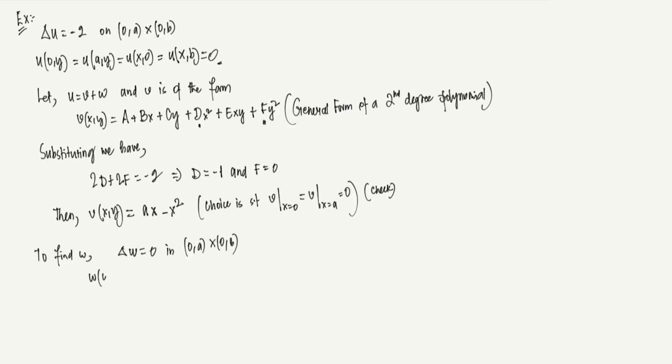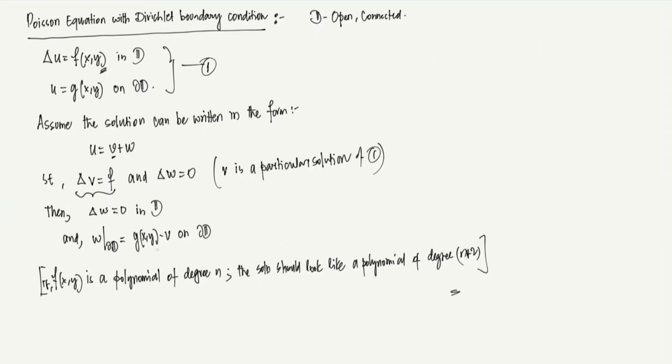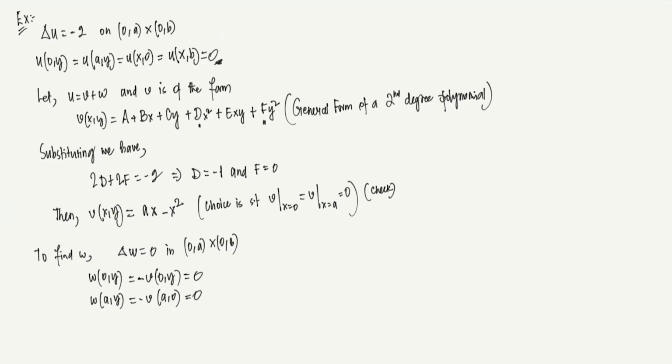w at the point (0,y) equals minus v at the point (0,y), which is equal to 0, and w at the point (a,y) equals minus v at the point (a,y), which is equal to 0. Clear? You remember, it becomes g minus v, and g is 0 in our case, so it is only minus v.